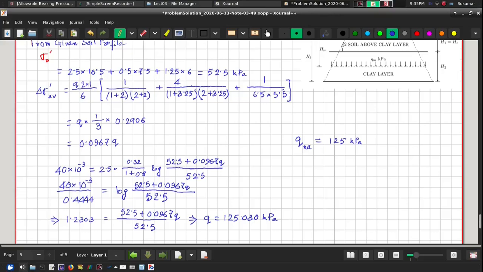So what we have to do is, based on the structure, we need to assume certain feasible, probable size of foundation, and based on that we should do this kind of calculation to find out what is the net allowable pressure considering the consolidation settlement. Okay, so this is my result finally for this problem.